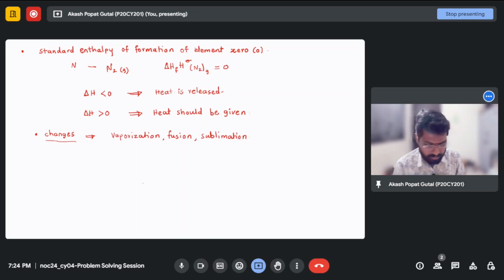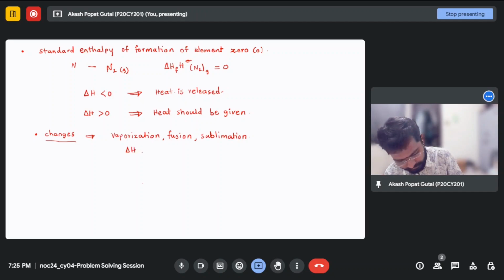For each of these processes, we can define the delta H or the enthalpy change.